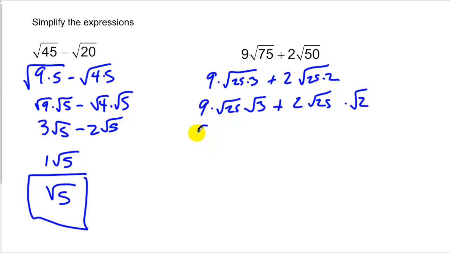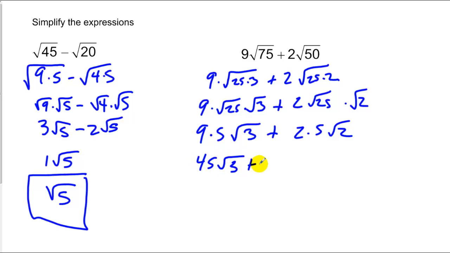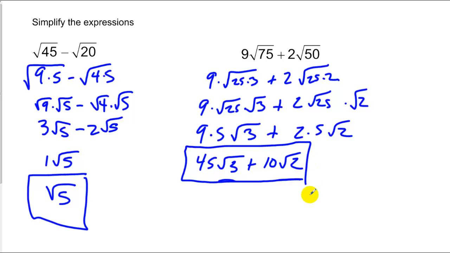In this case, I have 9 times 5 times root 3 plus 2 times 5 times root 2. This is 45 root 3 plus 10 root 2. Notice there are no like terms or like roots present because I have root 3 and root 2. Therefore, this expression is completely simplified.